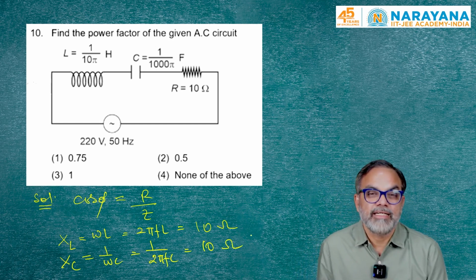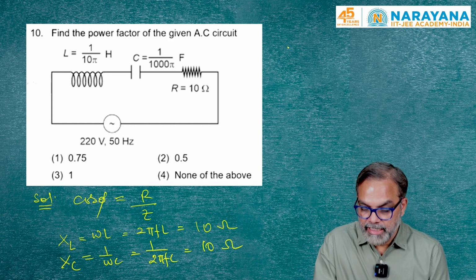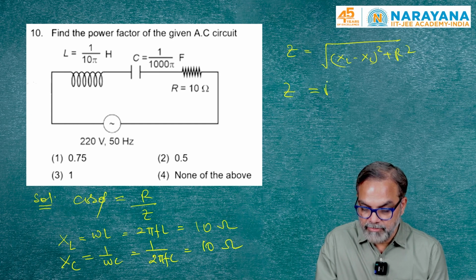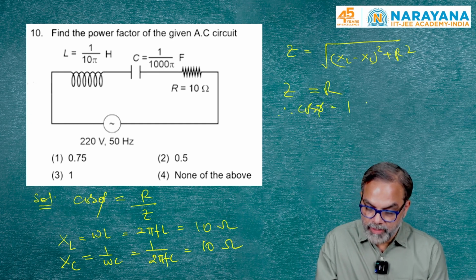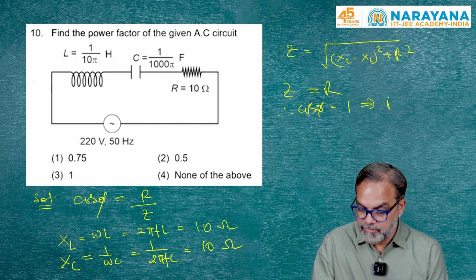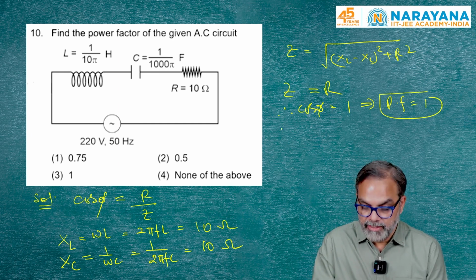So that means this circuit is in resonance, and this impedance Z, we know, is the square root of (XL minus XC) square plus R square, and I know that Z will be R. So cos phi is 1. So the power factor, that was the value supposed to be calculated, is 1, and our answer will be 3.